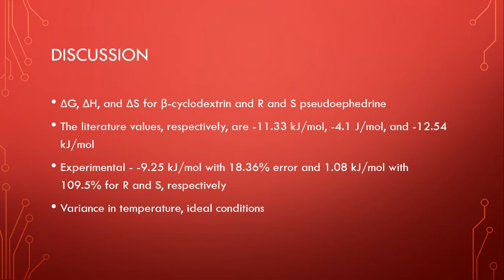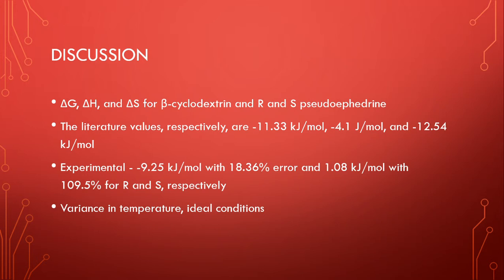So in this experiment, the expected outcomes were to calculate delta G, delta H, and delta S for beta cyclodextrin and R and S pseudoephedrine. The literature values, respectively, are negative 11.33 kilojoules per mole, negative 4.1 joules per mole, and negative 12.54 kilojoules per mole.